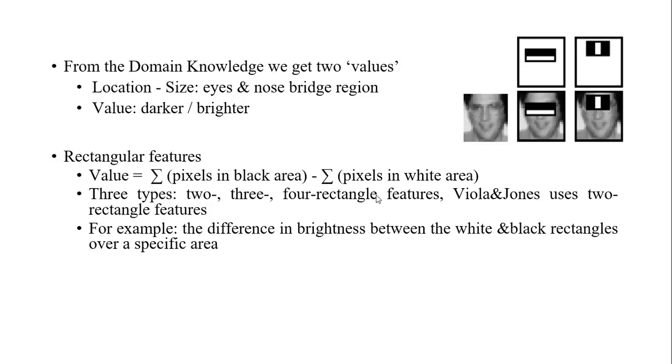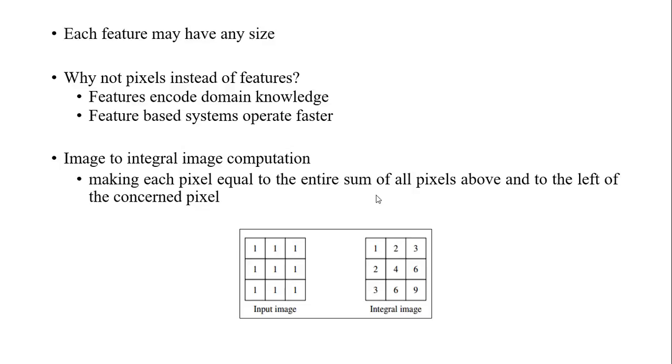Now the value of that region, which is called a rectangular feature, is just the difference between the sum of all the pixels in the black area and the sum of all the pixels in the white area. Since that is a two rectangular feature, Viola-Jones actually makes use of that. Now each and every feature can be constructed of any size.